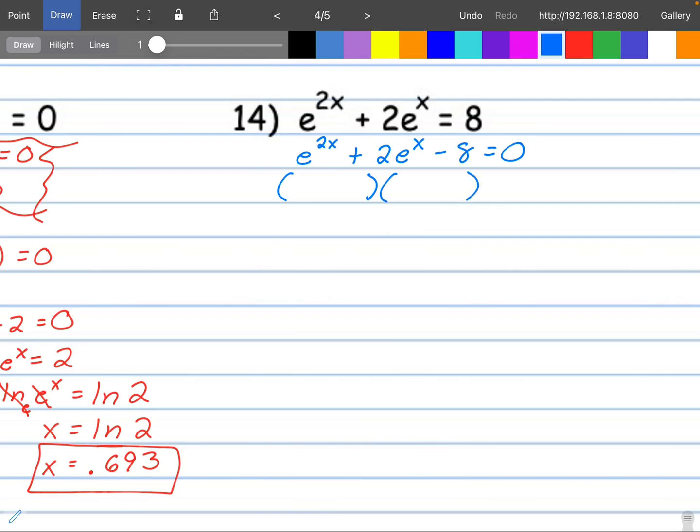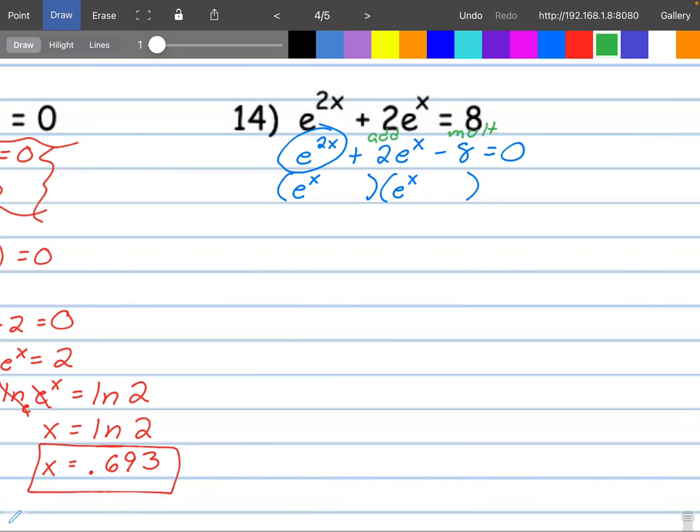So if we want to factor this, remember, if we're going to get e^(2x), that's going to be e^x and e^x. Great. Now, I need to figure out what do I use to multiply two numbers to get negative 8 and then add together to get a positive 2.